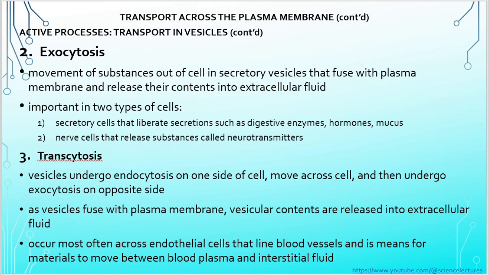However, it is especially important in two types of cells: the secretory cells that liberate digestive enzymes, hormones, mucus, and other secretions, and the nerve cells that release substances called neurotransmitters. In some cells, wastes are also released by exocytosis.